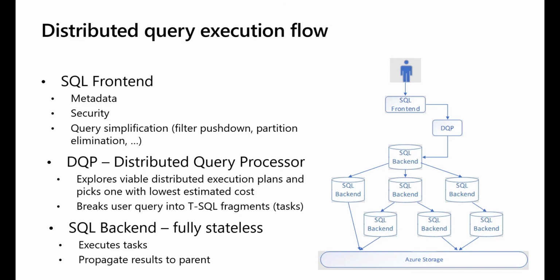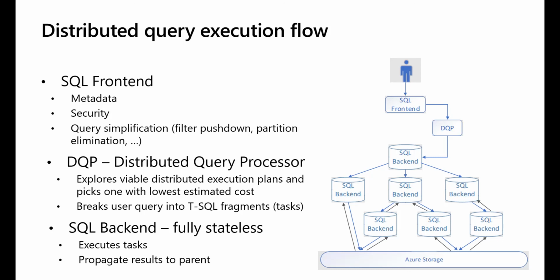SQL backend nodes are getting parts of the SQL plan, and each SQL backend will execute some part of the distributed query plan. Some SQL backend nodes will just read data from Azure Storage. These backend nodes will just read Parquet or CSV files that contain data that needs to be processed in the queries.